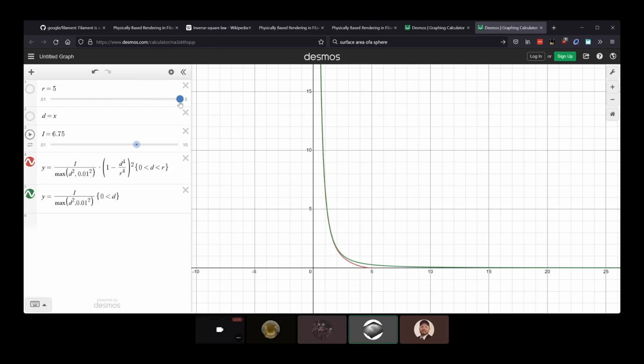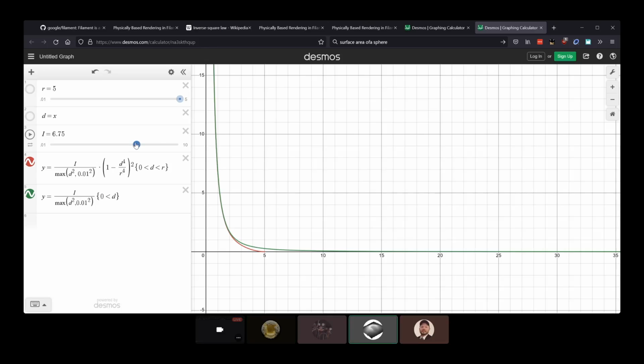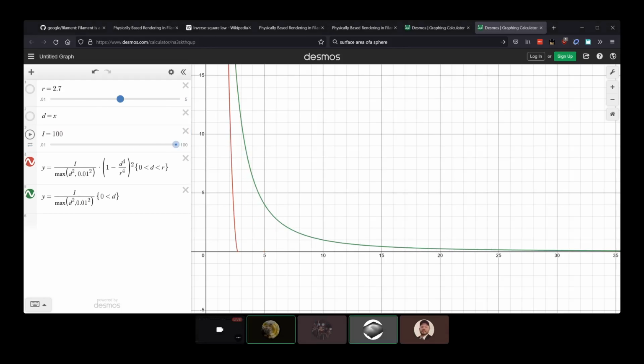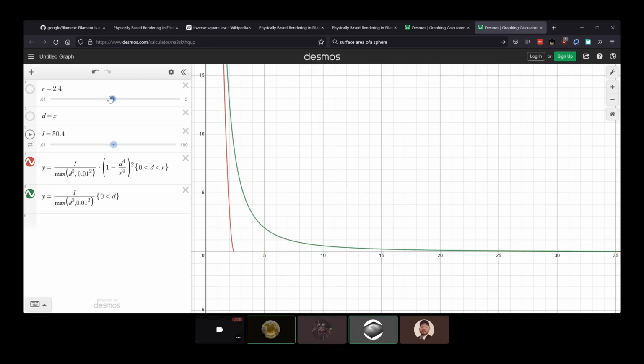This looks nice, but if I increase this again, it's back to the same issue. As the radius decreases, unless it's a very dim light, it's the same issue.